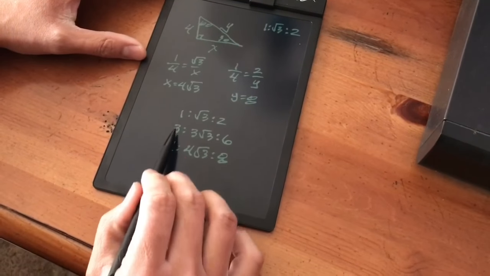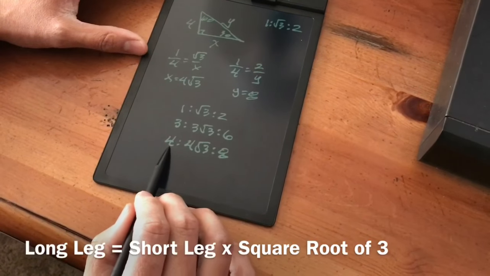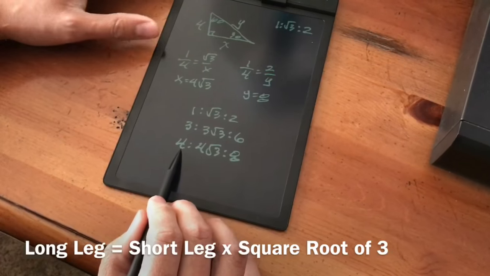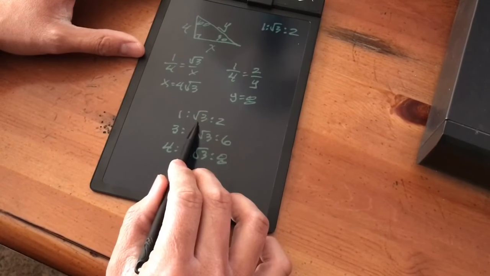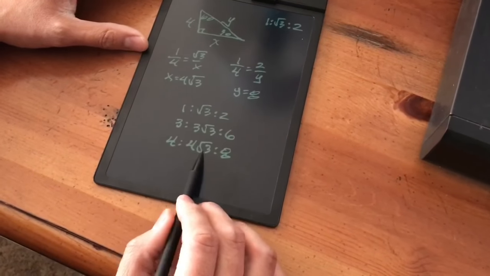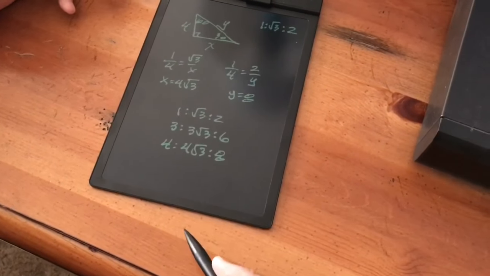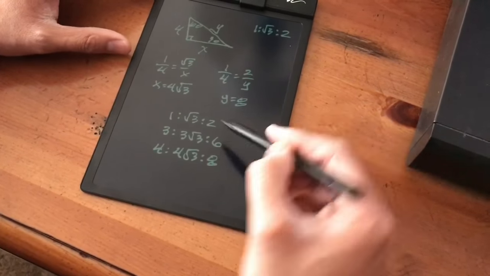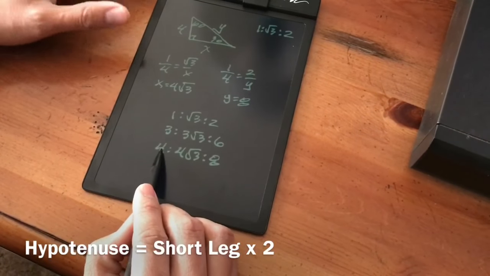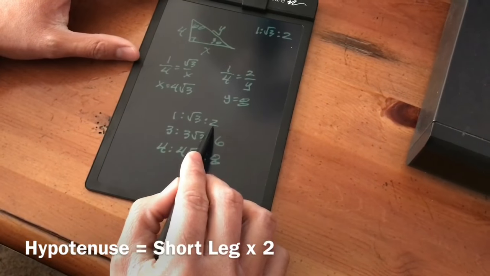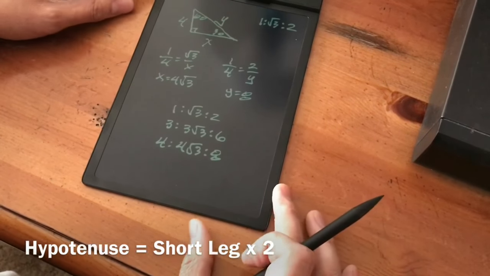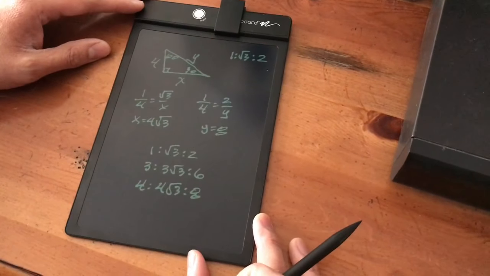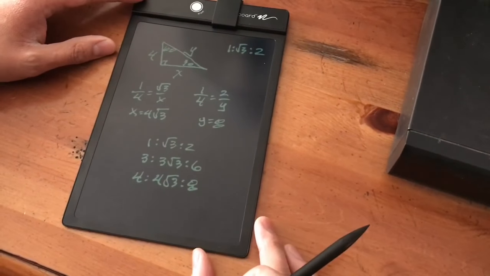And so notice that the short leg, whatever that value is, if we multiply by root 3, we get the long leg. 1 times root 3, 3 times root 3, 4 times root 3, and so on. To get the hypotenuse, it's the short leg times 2. 1 times 2 is 2, 3 times 2 is 6, 4 times 2 is 8, and so on. Cool, right? And that's why they're special right triangles.